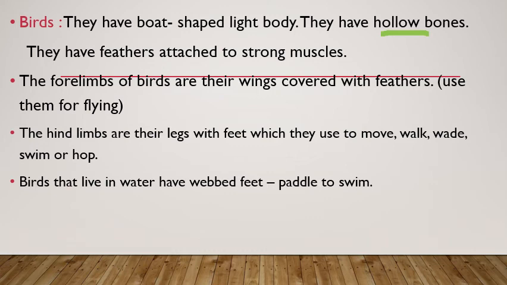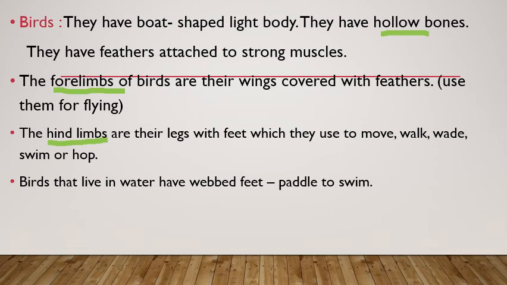The forelimbs of the birds, their wings, are covered with feathers. Forelimb means the limb in the front. The hind limbs, here the spelling is given, hind. Hind limbs are their legs with feet which they use to move, walk, wade, swim, or hop.